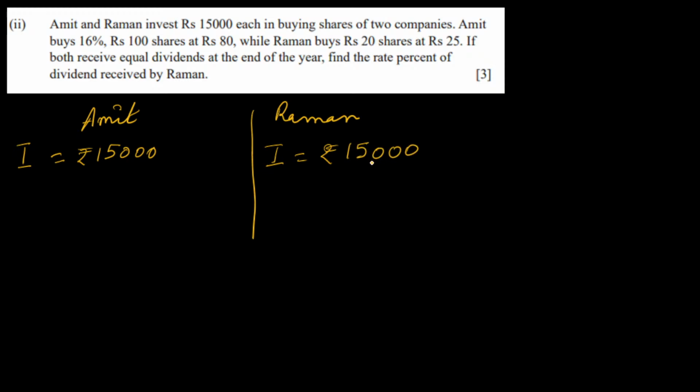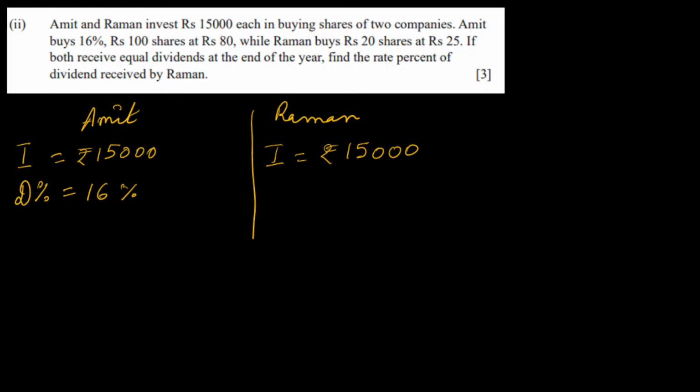Amit buys 16%. When 16% alone is mentioned and it is not written premium or discount, that means this is the dividend percent. So what is given to us? Dividend percent is equal to 16%. Rupees 100 shares: the cost written next to shares is the nominal value.